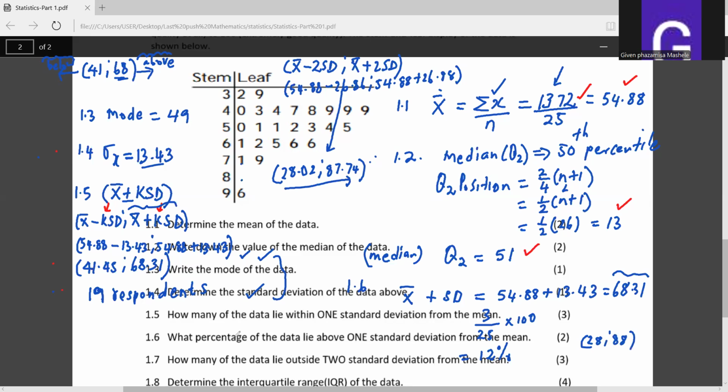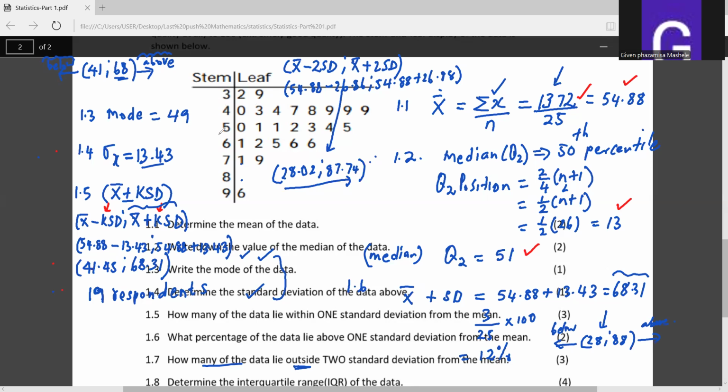So what do we want here? We want to count the data that are lying outside. Outside means the ones that are below the minimum and above the maximum. So it's either below or above. So now we're counting the ones which are below 28 or above 88. If we look here, none of the numbers are below 28 because the minimum is 32 and 32 is part of the interval.